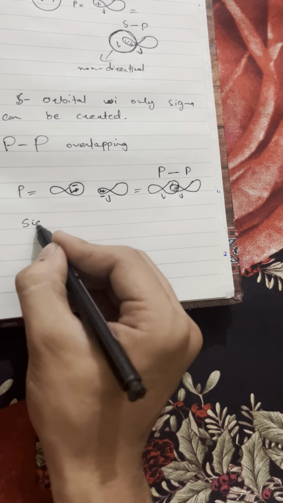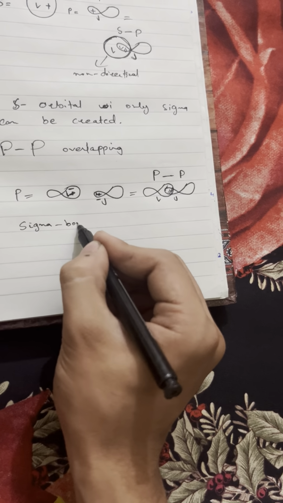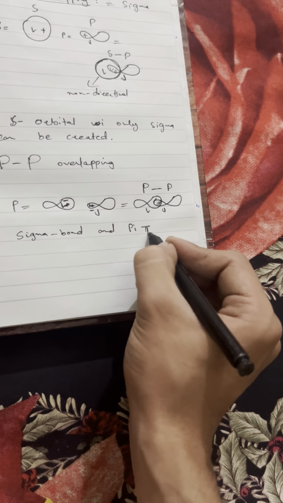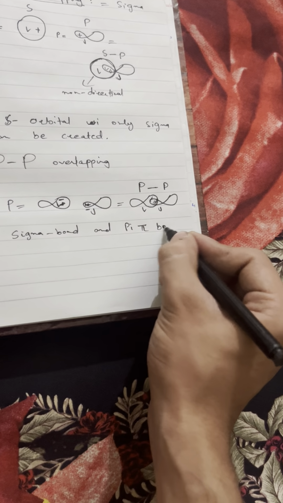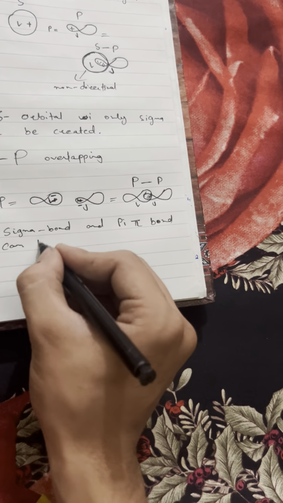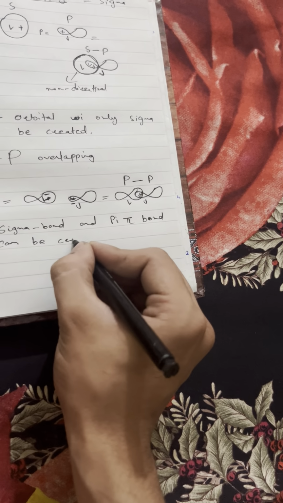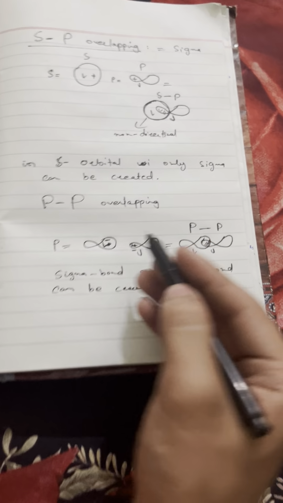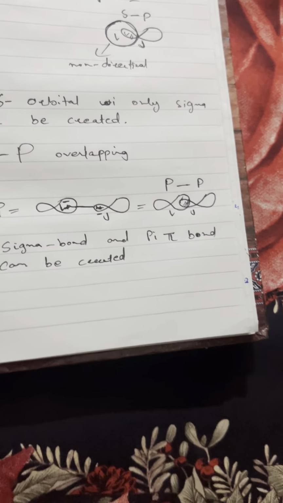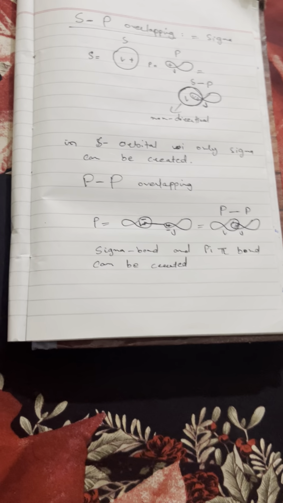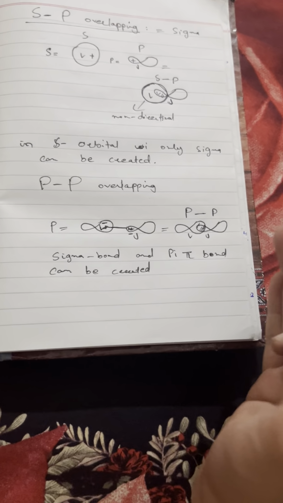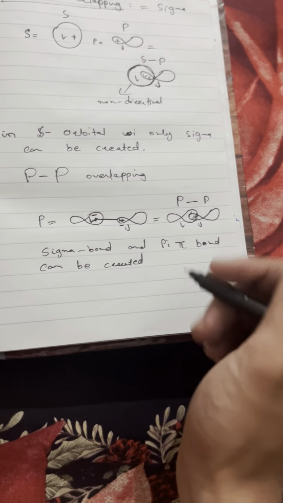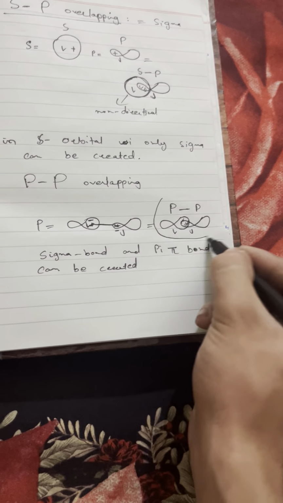In P and P, both sigma bond and pi bond can be created. As previously discussed, sigma bonding is head to head overlapping.